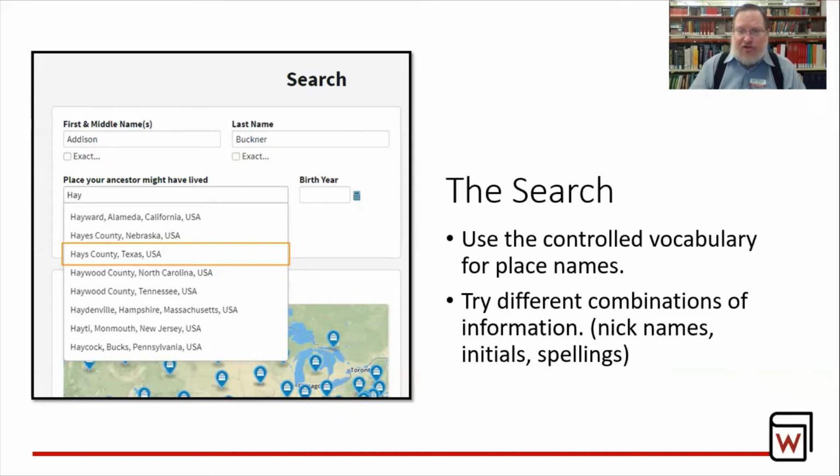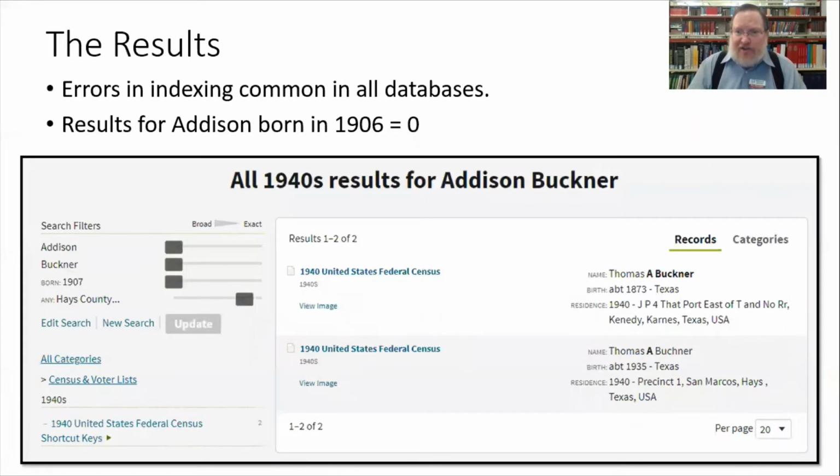So always use the controlled vocabulary when you have that option. Also, if you don't get any hits, you might try different names, nicknames, initials, and spelling variations to find what you're searching for, because errors occur in the census all the time. Okay, all the time.